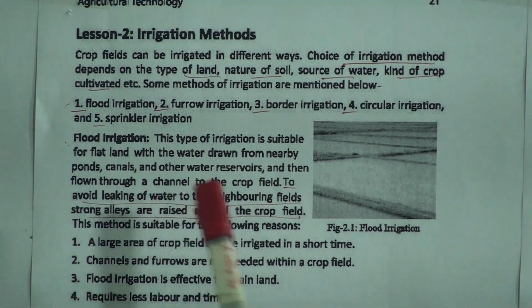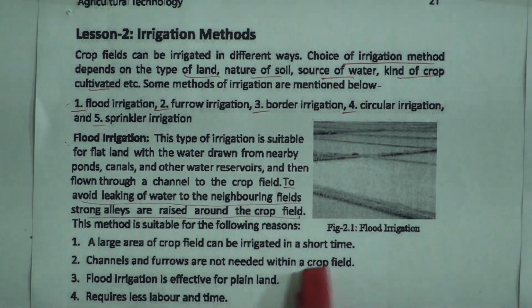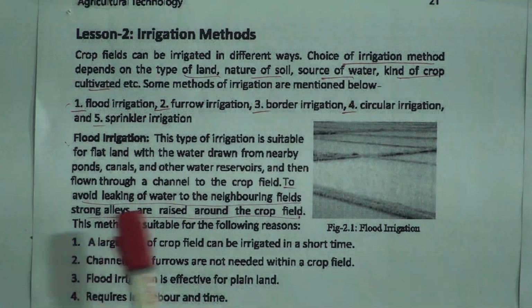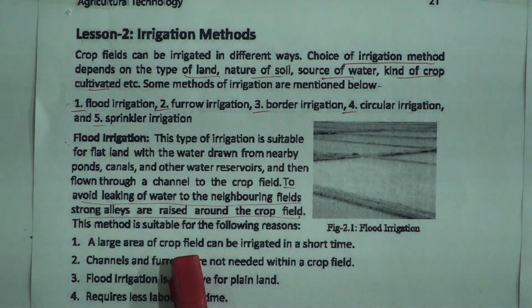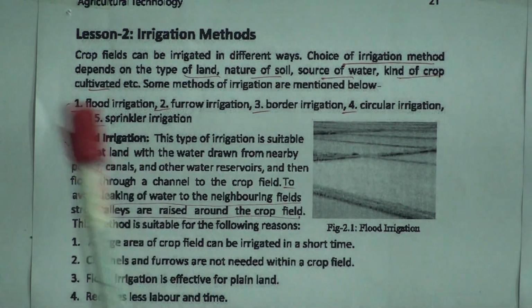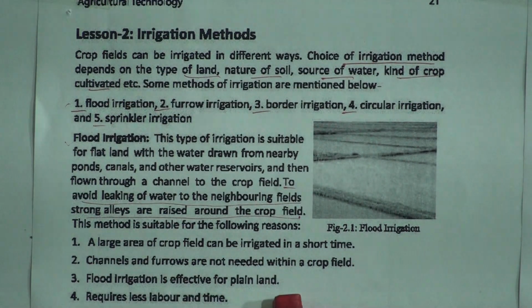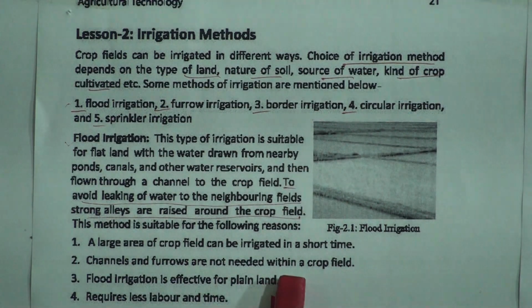Now we have to know why these methods are suitable. Number 1, a large area of crop field can be irrigated in a short time by flood irrigation. Number 2, channels and furrows are not needed within a crop field. Number 3, flood irrigation is effective for plain land.